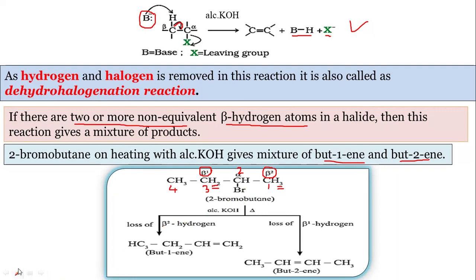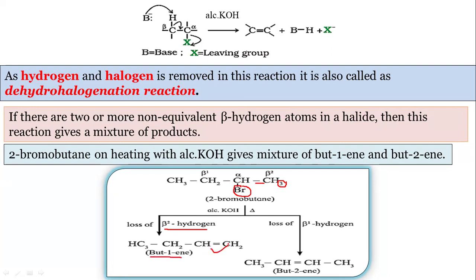First, beta-2 hydrogen is removed. Suppose, I'm going to erase all. See, this is the beta-2 hydrogen. If this hydrogen and this bromine are removed, we get a double bond here, and we get the product but-1-ene.